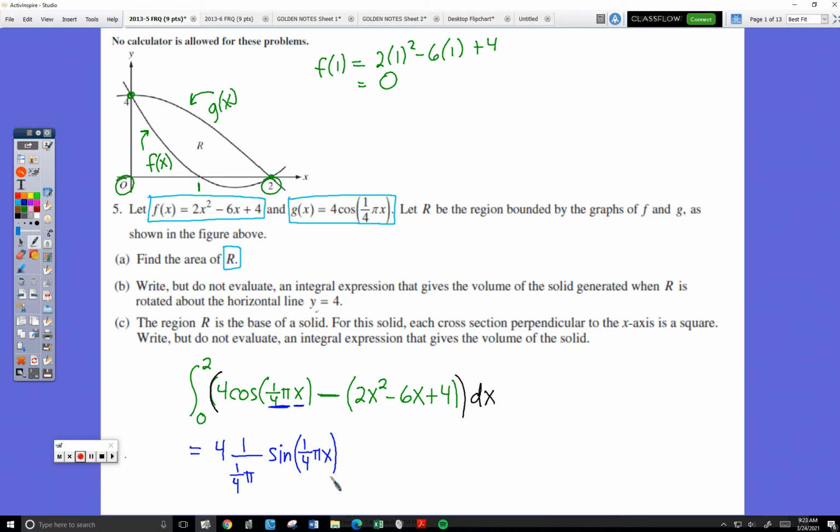It's going to look kind of bad here. Like that. Must evaluate that. Oh wait, I've got the minus now. Sorry. So we have the minus.